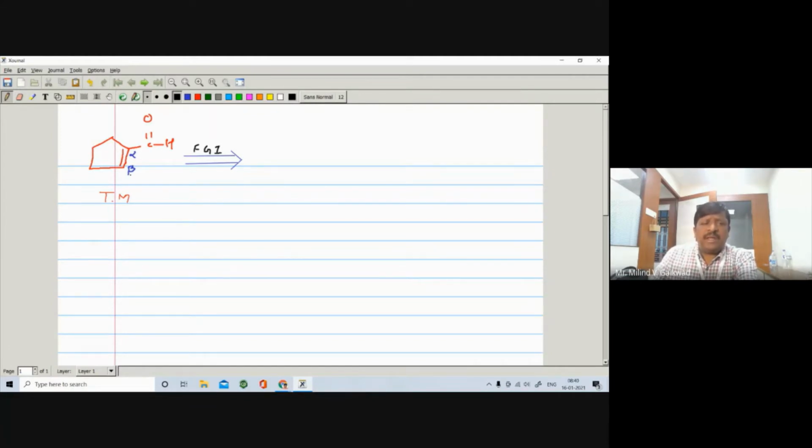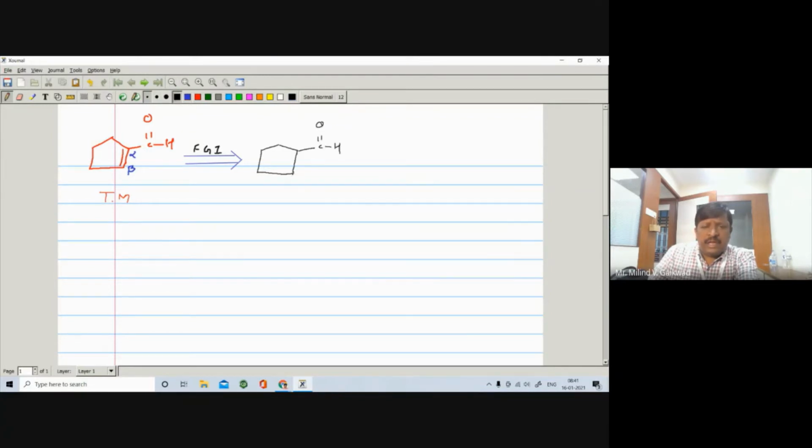So this alpha beta unsaturated carbonyl compound we can prepare by the aldol condensation reaction starting from a beta hydroxy aldehyde or ketone. So here you have to write the corresponding beta hydroxy aldehyde or ketone. Here we write C double bond O and H, and there is already an H here.